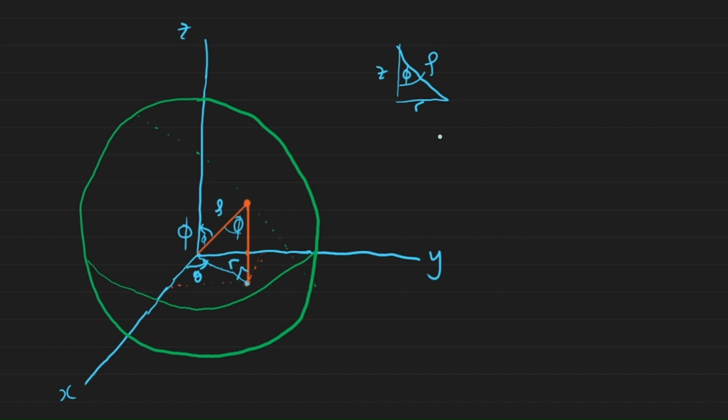If we take cos of phi, we can see that cos of phi is equal to z over rho. So that means that z is equal to rho cos phi.